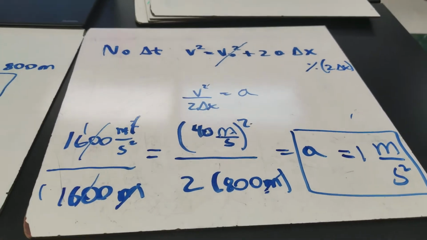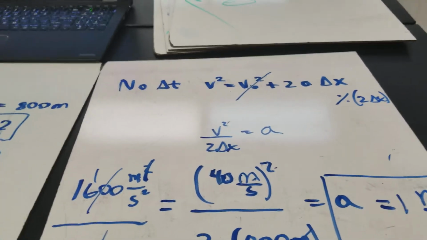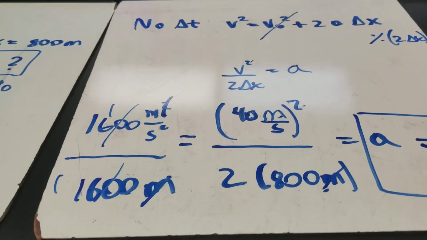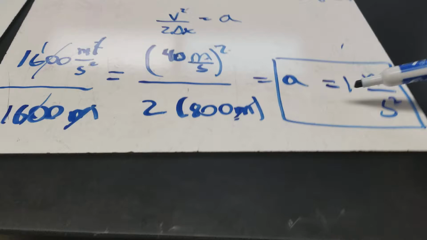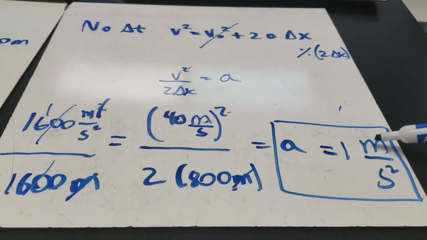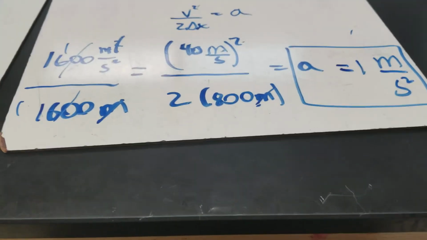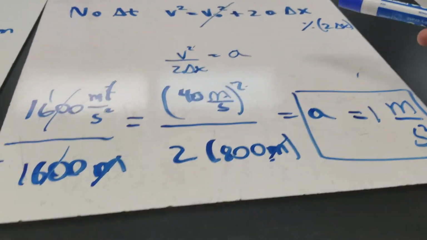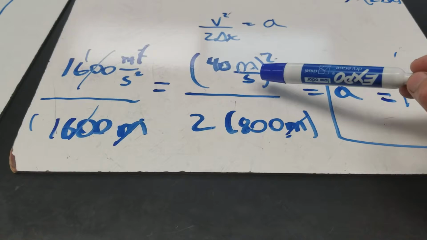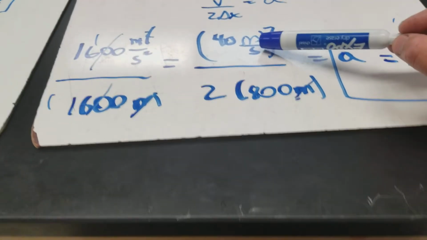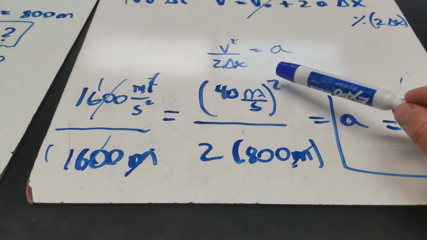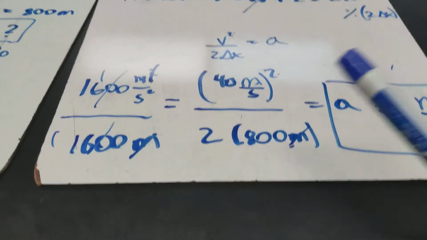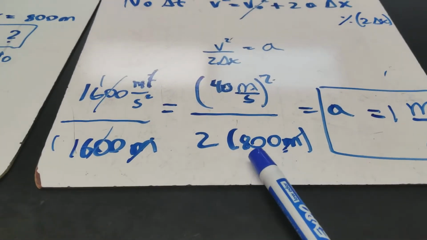As far as orders of magnitude, now I stop to think about the problem. Does it make sense for a small airplane to only have to accelerate at 1 meter per second squared? Well, it's a pretty small number, but if you think about it, this plane doesn't really need too much speed to take off, right? It only needs about 40 meters per second. And it has a lot of space for a small plane, 800 meters to take off.